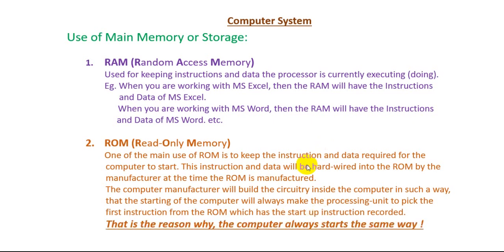That is the reason why the computer always starts the same way, because every time you start up, the circuitry in the computer tells the processing unit to go and pick the instruction from the ROM, and the ROM will have the startup instruction set. So when it starts to follow that, it's happening. That is why every time the computer starts, it's always the same thing. It takes a while loading all these internal things, and you come up to the familiar screen where you start working with Word or Microsoft Office or anything like that.